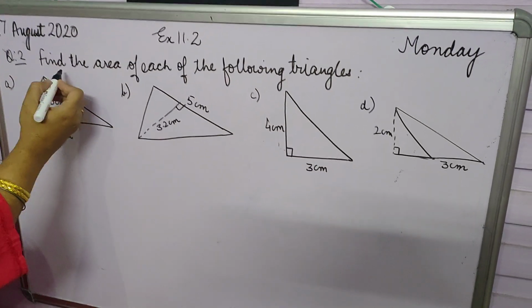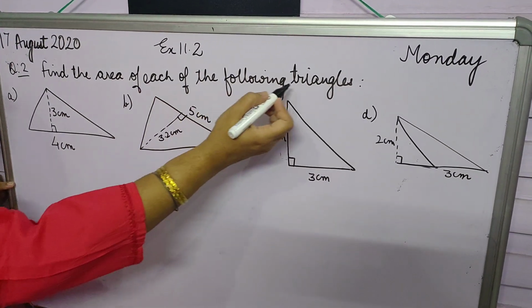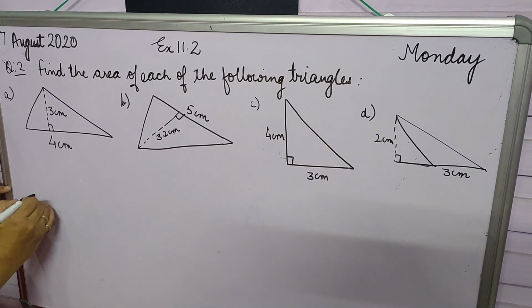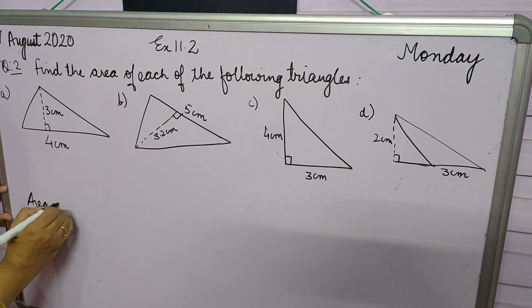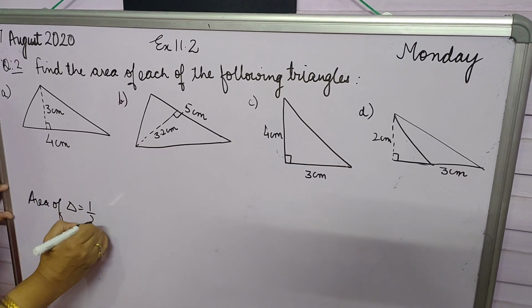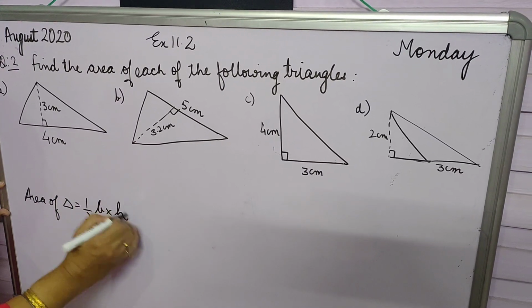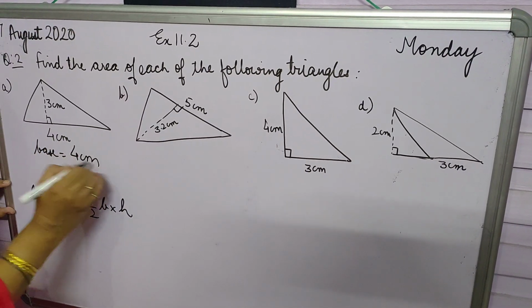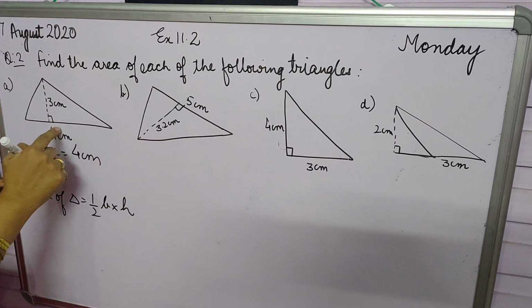Question number 2. Find the area of each of the following triangles. As discussed earlier, area of triangle is half base into height. Now how much is the base here? Base is 4 centimeter and corresponding height.